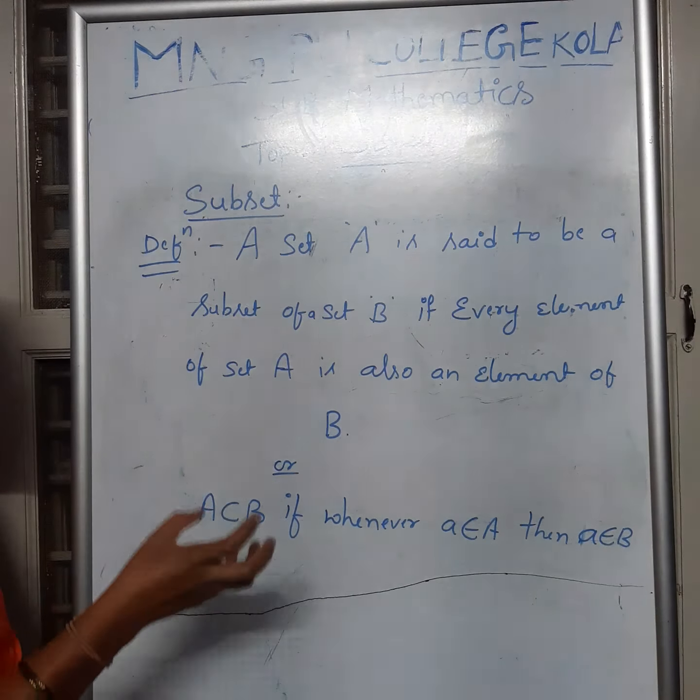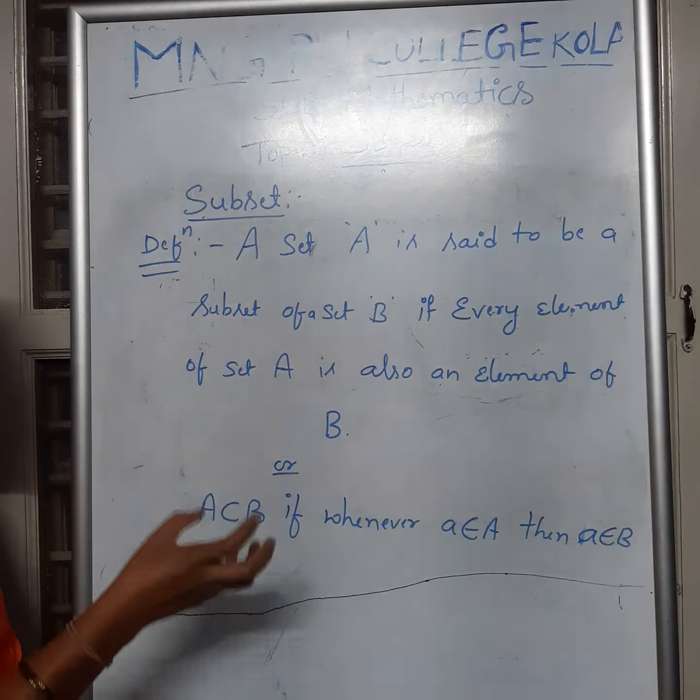For example, in set A I will take the first 5 natural numbers, and in set B the first 10 natural numbers. This A is a subset of B, no? The elements are 1, 2, 3, 4, 5. These elements are also in set B. The other elements are extra, leave them, because this is one big set and in that we have a small set.